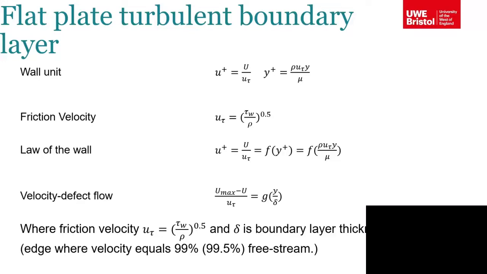Y plus is the distance from the wall to the turbulent layer. And U would be the velocity, and u tau would be the turbulent velocity.